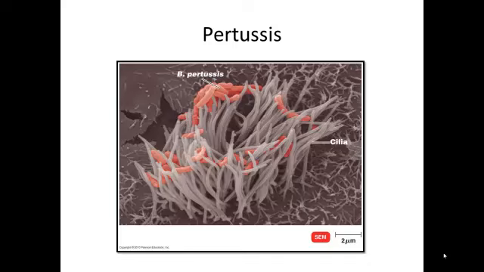They cough, cough, cough. The severe intake of breath, that's generally where you get the whoop of the whooping cough. And then you go into the convalescent stage where you're rebuilding your ciliated cells, and so the cough, even when it's not in the most severe stage, can linger for months.